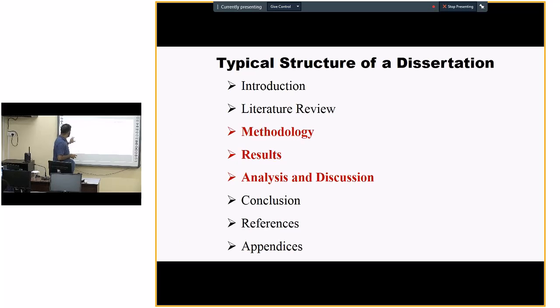In some cases you can see results or the analysis and presentation of your data, or you can combine these two, results and analysis, or the findings and conclusion. References and appendices you can add, right? This is the general structure of your dissertation. We can further discuss how to write them. There is a separate session for that, right?